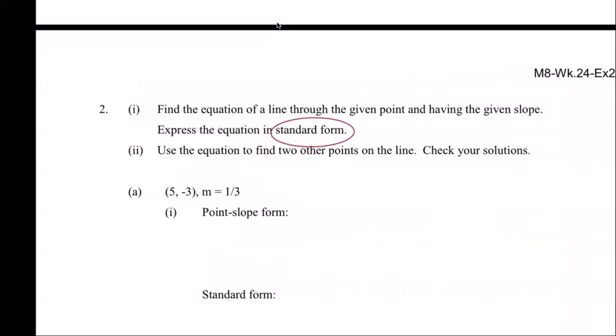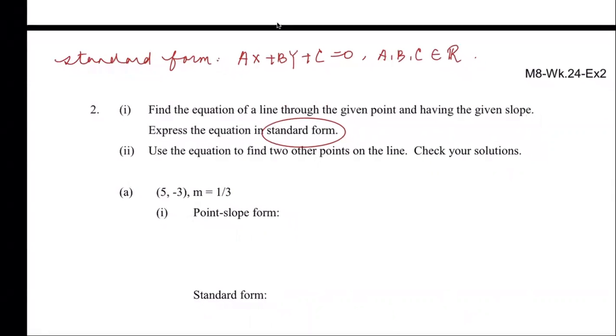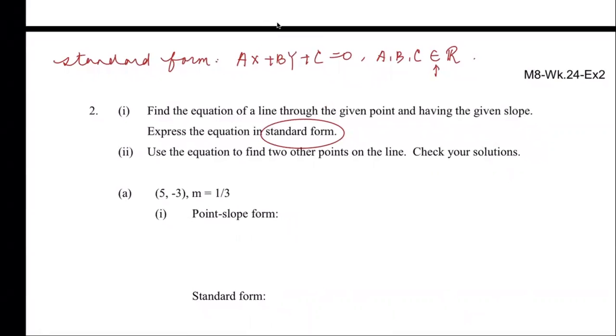The standard form of a linear equation or linear relation looks like this: AX plus BY plus C is equal to 0, where A, B, C are all real numbers. I've been using this symbol a lot, because eventually, at one point in your life, you'll see this symbol in some of your math classes. This symbol means belongs to.